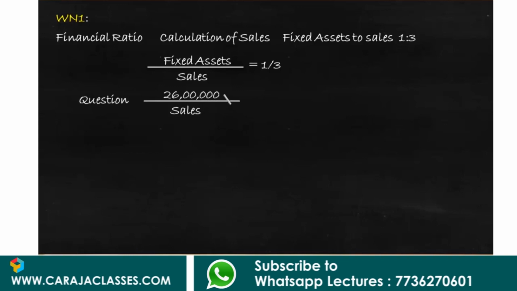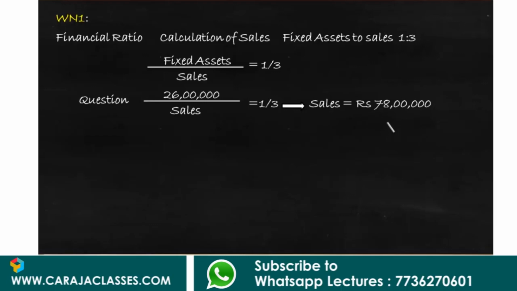So 26 lakh divided by sales is equal to 1/3. So sales is equal to 26 lakh multiplied by 3, which is 78 lakh. So by using this fixed assets to sales ratio, we have found sales.